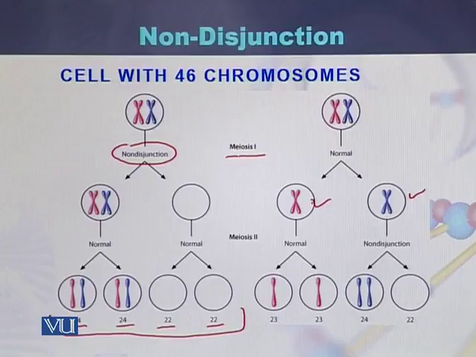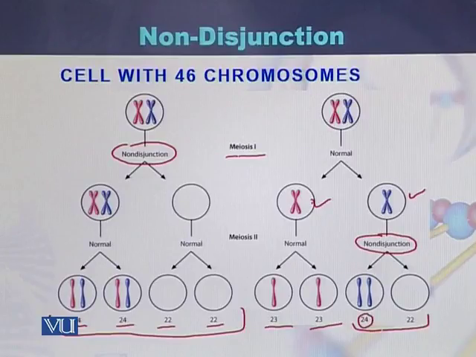Because the first meiosis is normal, if there is non-disjunction during meiosis 2, in this case the cell will have 23 chromosomes, while because there is non-disjunction during this meiosis 2, this cell has 24 chromosomes, while this cell has 22 chromosomes.